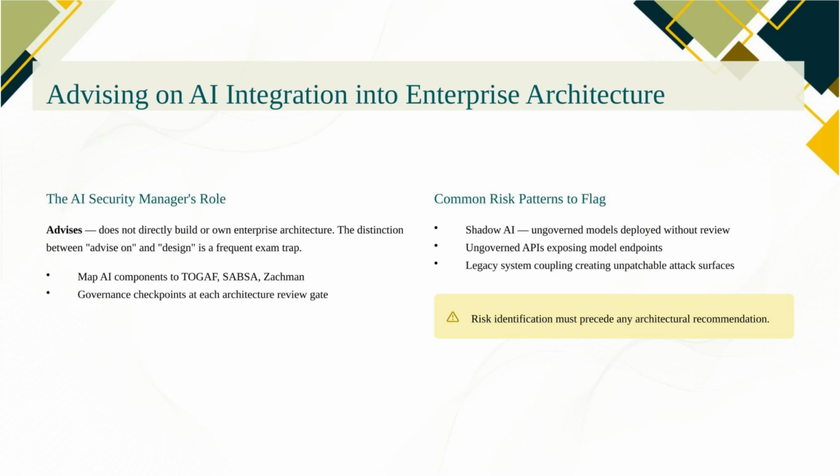You're the person who identifies common risk patterns: shadow AI connecting to enterprise systems through ungoverned APIs, AI components coupling tightly with legacy systems that have no security controls, AI tools introduced by business units without IT involvement. The exam tests whether you understand the manager's advisory role versus the architect's execution role. Don't blur that line in your answers.